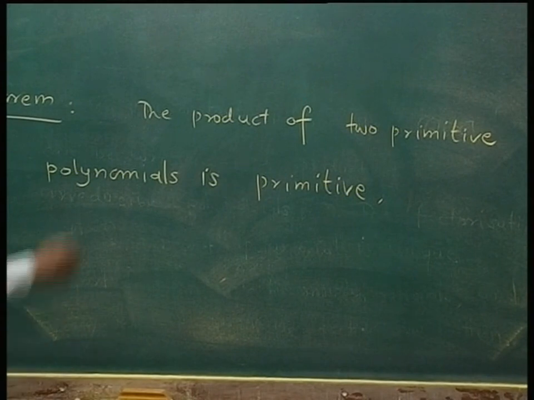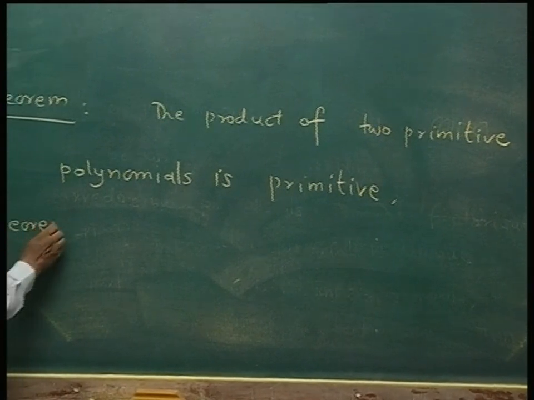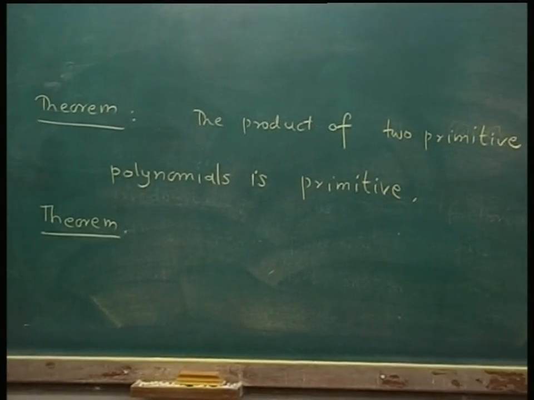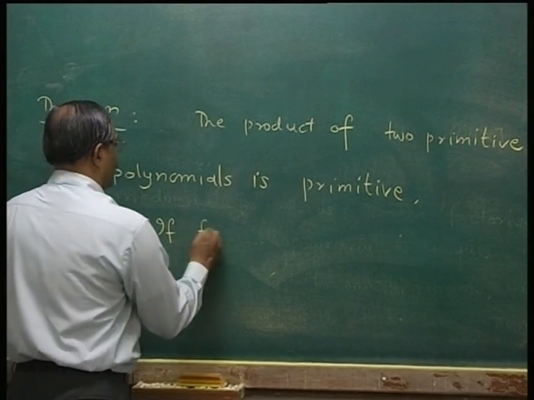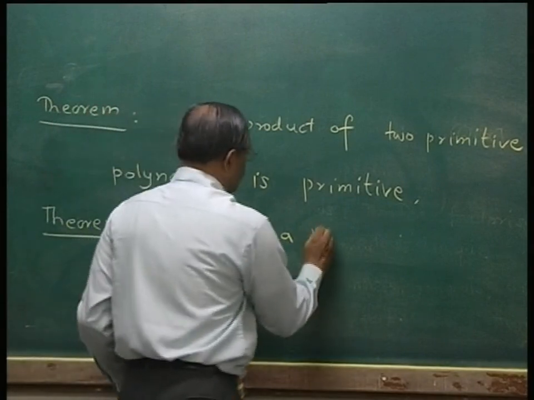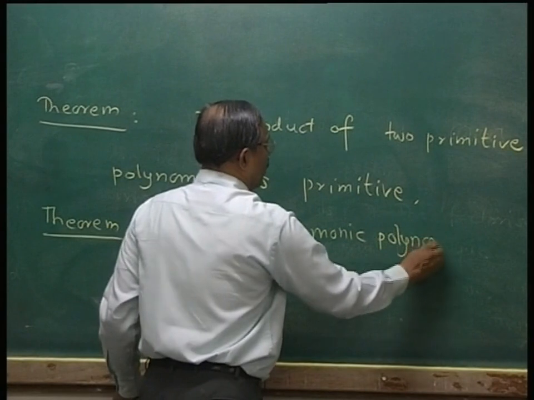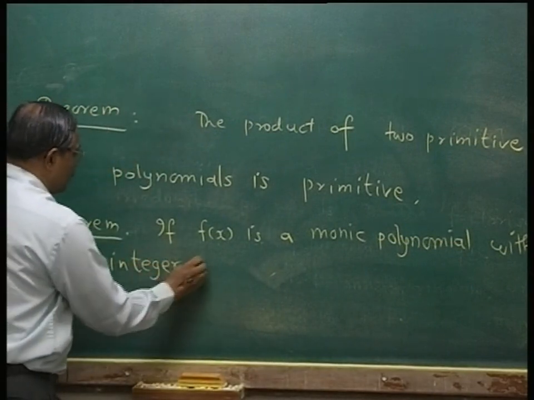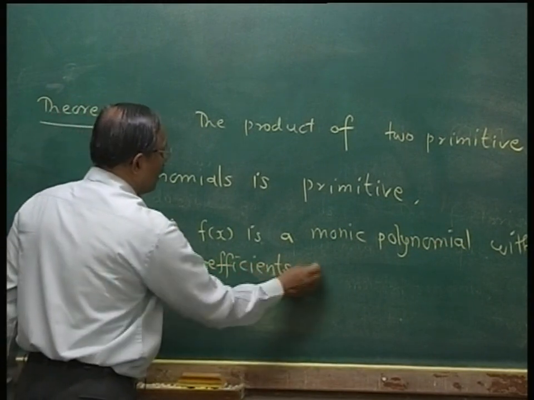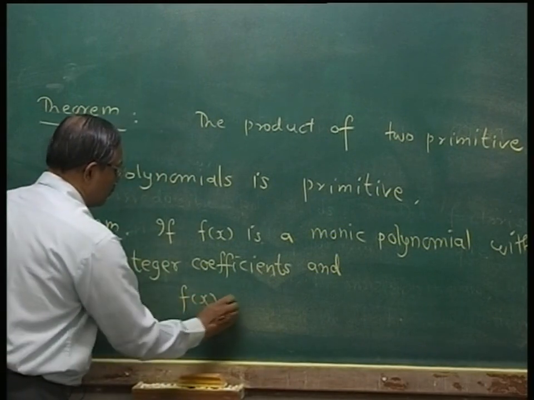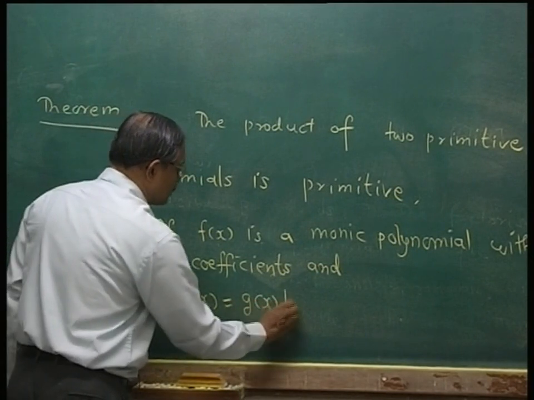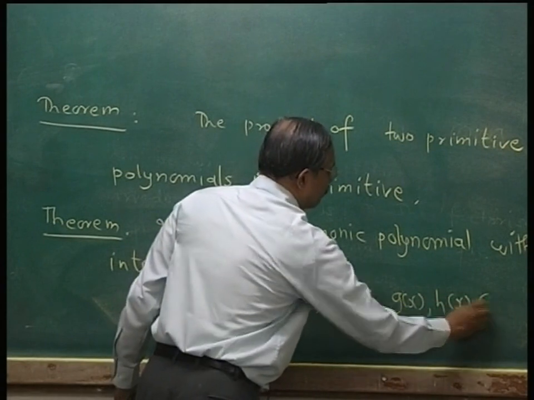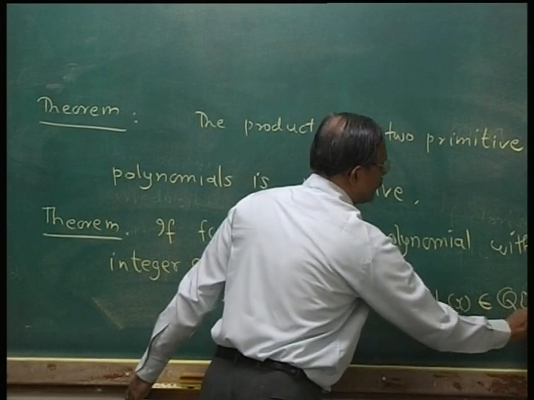This was the result obtained by Gauss, and a consequence of this is that suppose we have a monic polynomial with integer coefficients. So if f(x) is a monic polynomial with integer coefficients, and f(x) equal to g(x) into h(x) with g(x), h(x) belonging to Q[x], both monic.